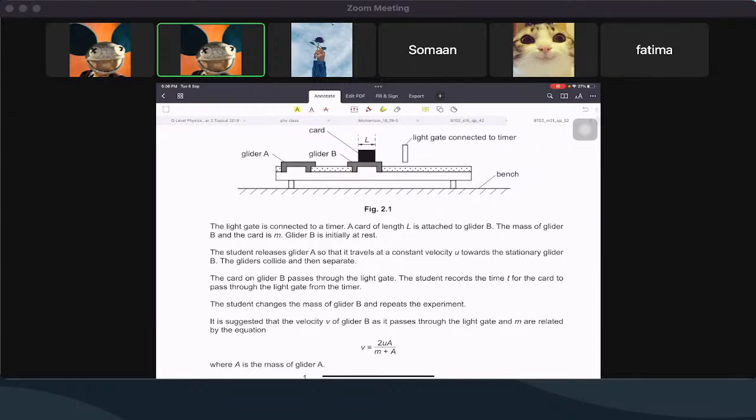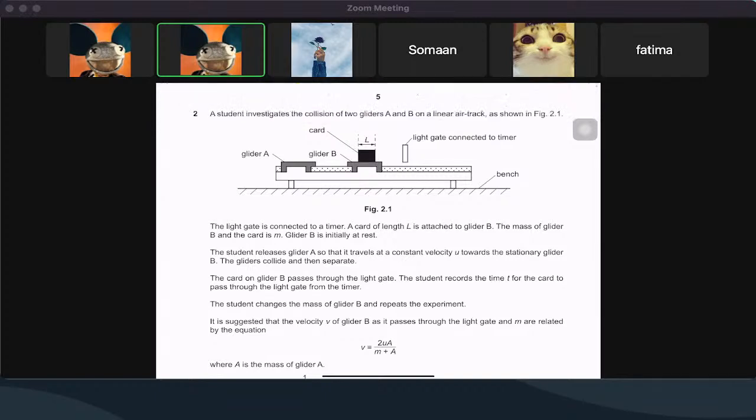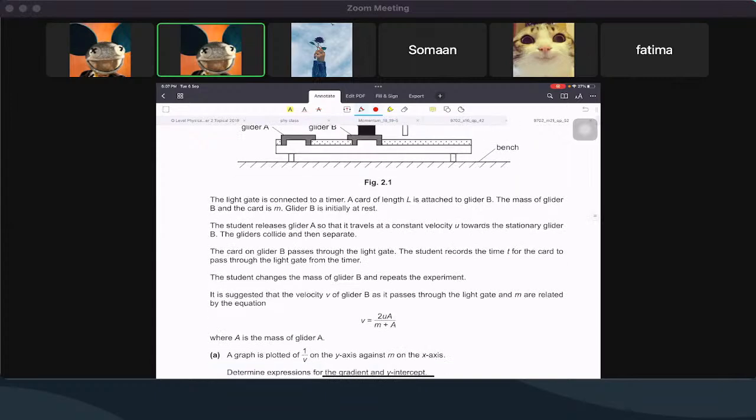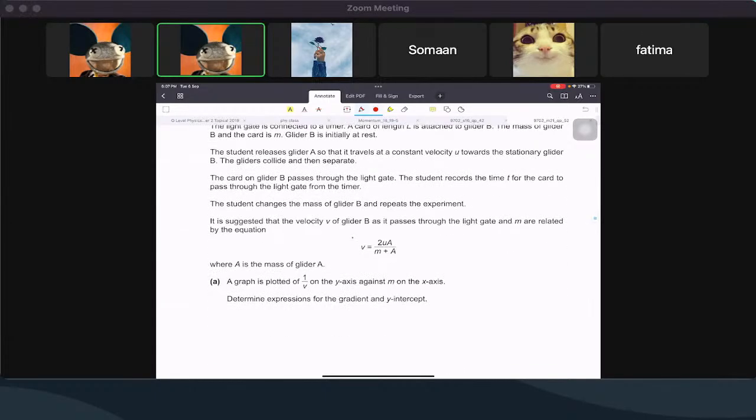You can always come back to it. But just look at the things. They say there is a card of length L, and the mass of the glider B is m, and it is initially at rest, and then the glider travels at constant speed and so on. It doesn't really matter. So the real thing is this equation.